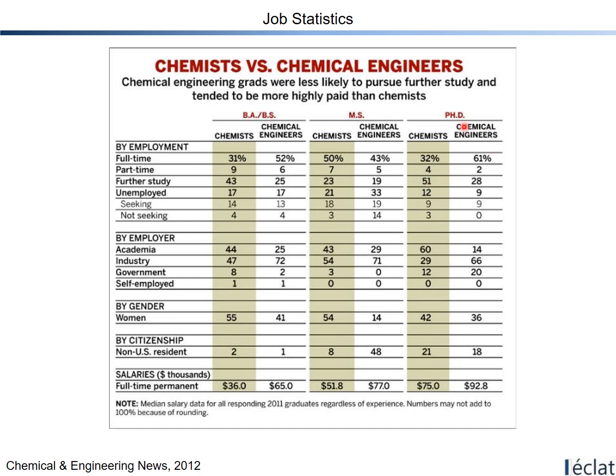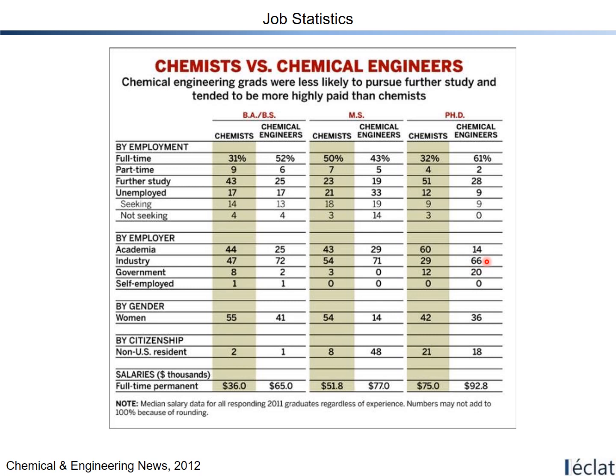However, 61% of chemical engineers go to a full-time job. So we are engineers. 60% of chemists go to academia, but 66% of chemical engineers go to industry.